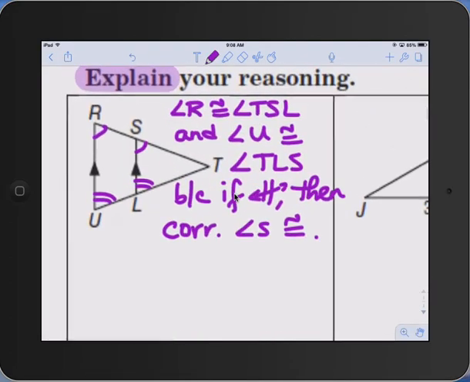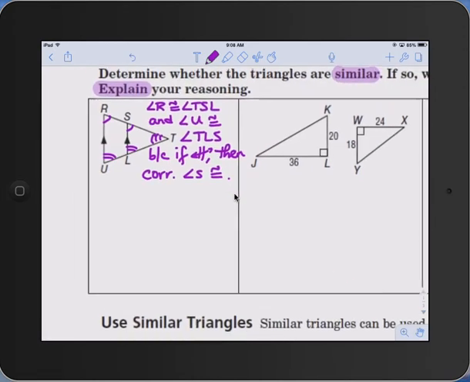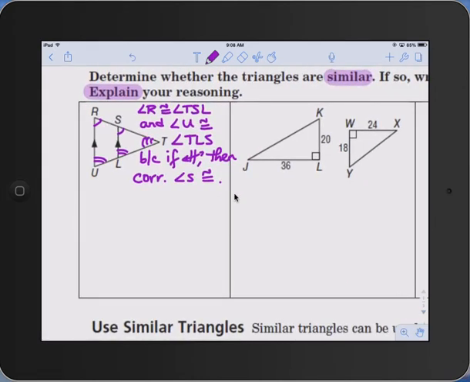Now we could have also used this reflexive angle here, but I went ahead and just used the two that use the same reason. So these triangles are similar, and the similarity statement would be triangle TRU is similar to triangle TSL by angle-angle similarity.